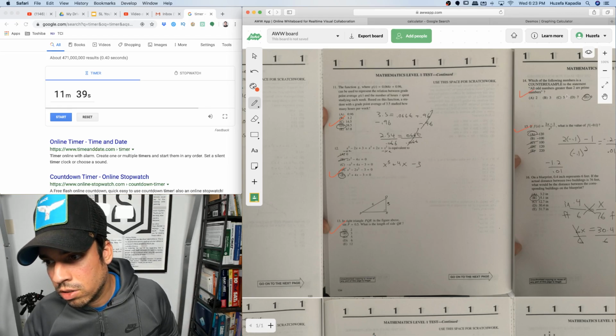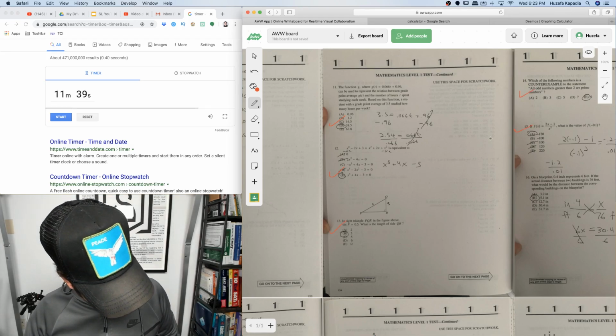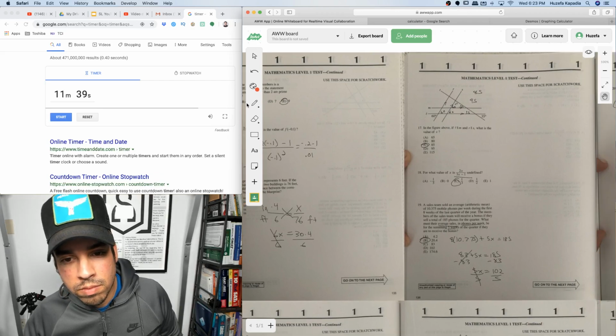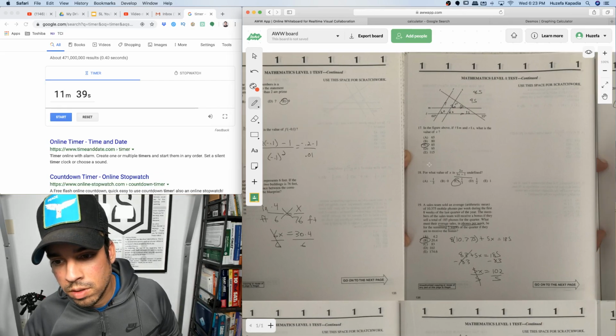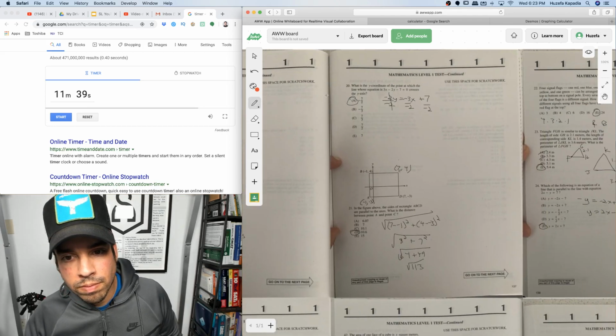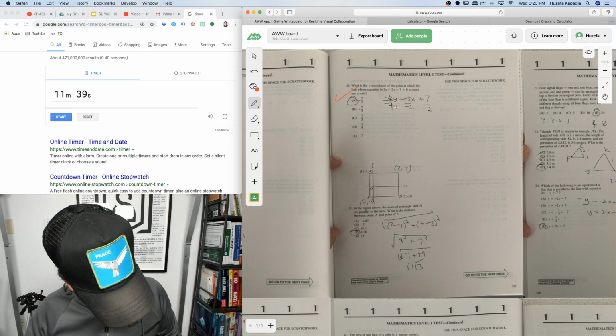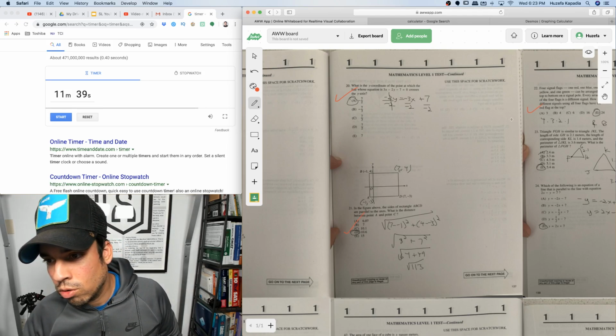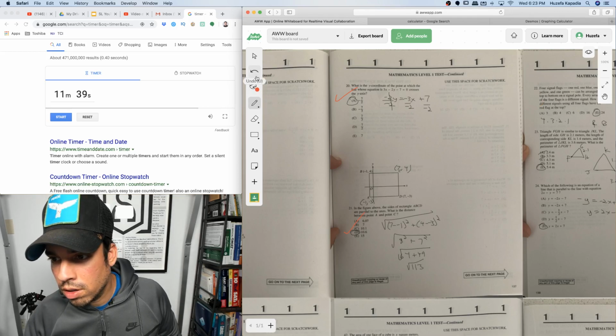Oh, EA. There's E and A. Good, good, good. 16. BCCBA. B. 21 is DCEED. Oh shoot! I got one wrong.